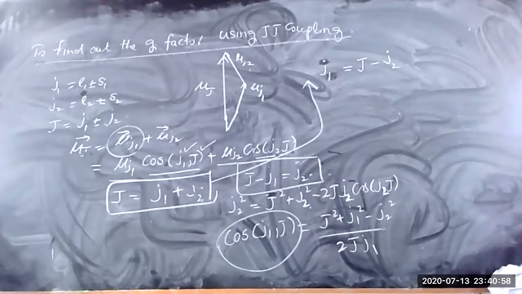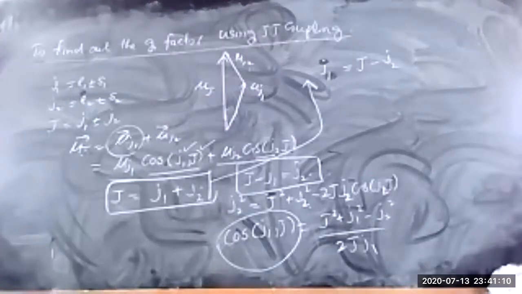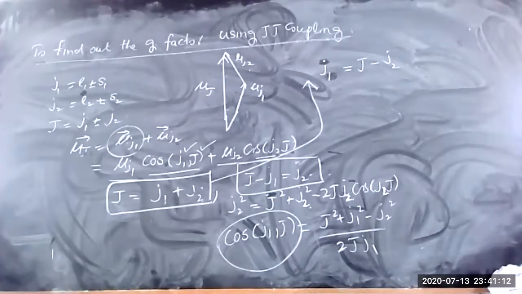So again, from this equation we can easily find out the angle between j1 and j2. So here j2 is equal to j minus j1.